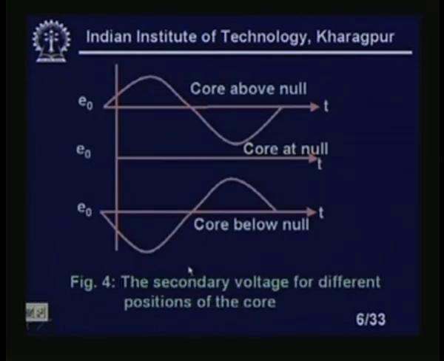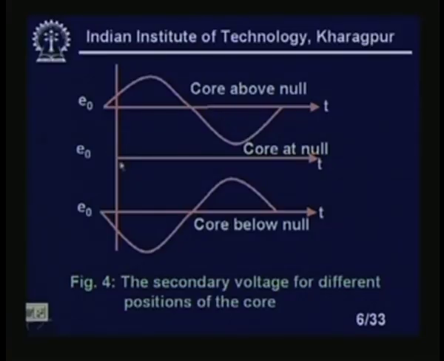Now, this is the output voltage you have drawn, with respect to time, for the different positions of the core. Since these two secondaries are in opposition, you will find that the core at the null position should theoretically give exactly 0.